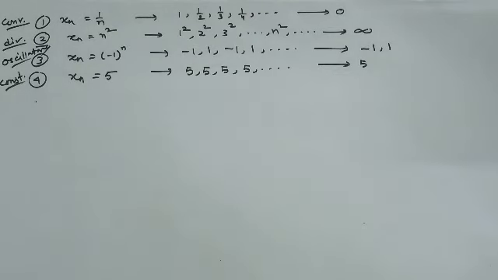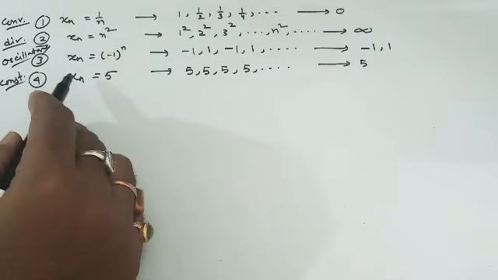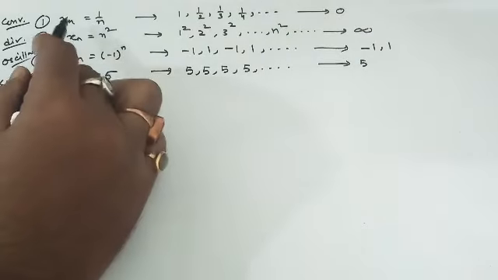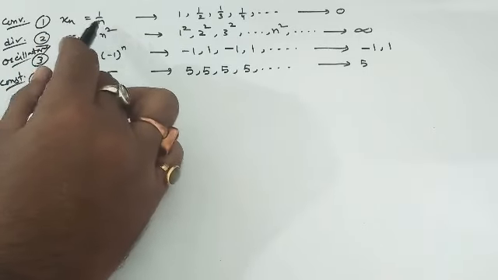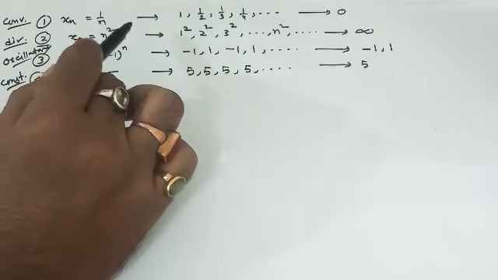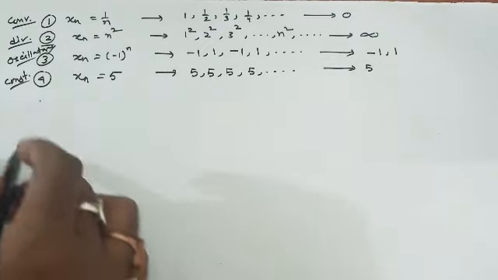Now we are moving on to another type of representation style. We have already studied the representation where xn equals something is given. But there is another representation style.